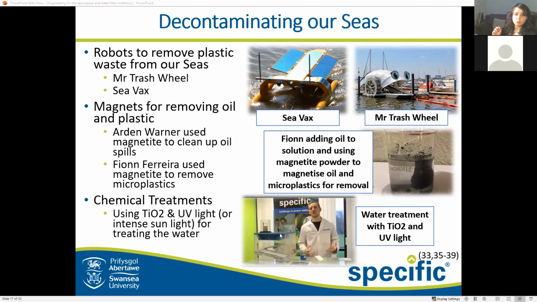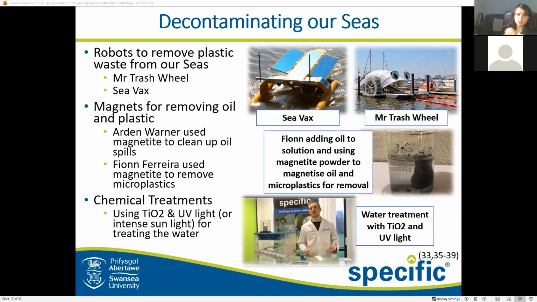So if you've eaten chicken nuggets, the reason they're white is because they're dyed with this stuff, so it's pretty safe. But in this case, it was used to remove pollutants from water when in the presence of UV light. This could either be artificial or natural sunlight, which enabled it to be used in developing countries, hopefully.